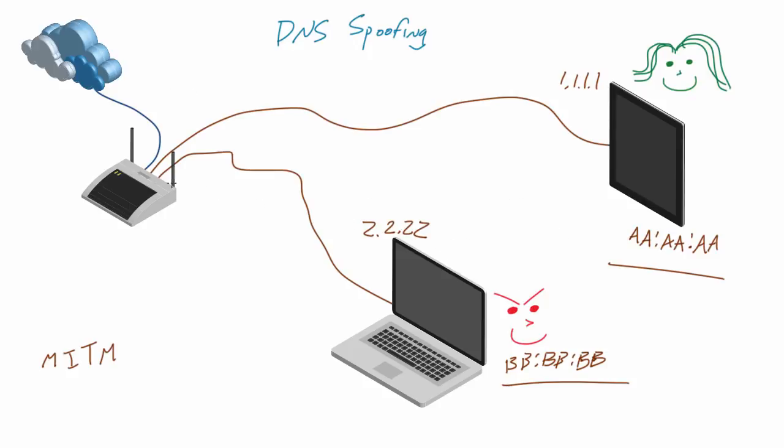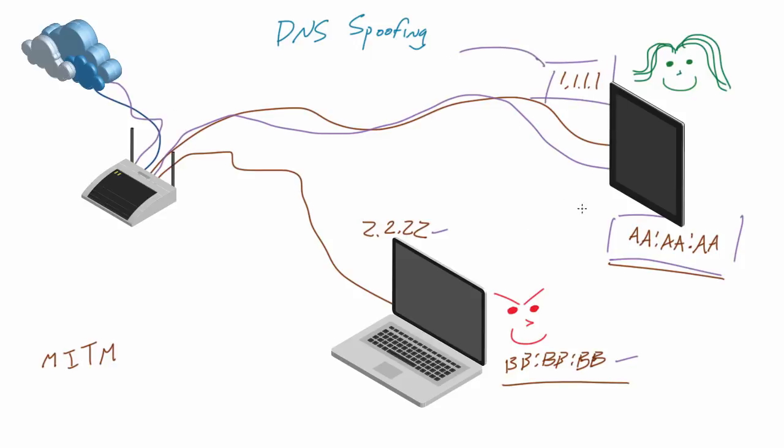Once the router is aware which IP correlates to which MAC address, whenever it gets traffic from the internet destined for, let's say, 1.1.1.1, it says, okay, I know that is meant for this device A.